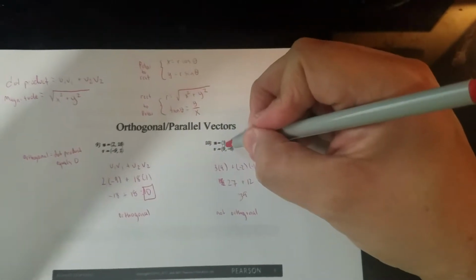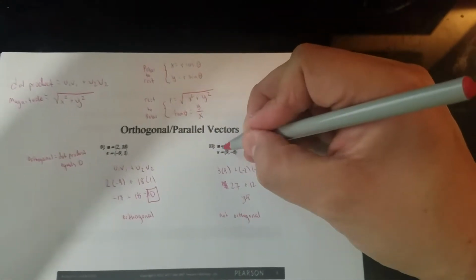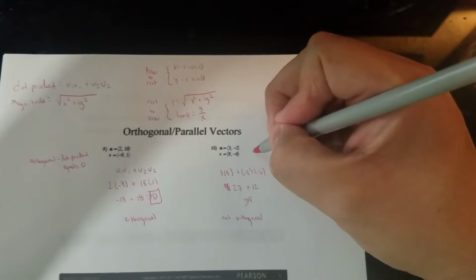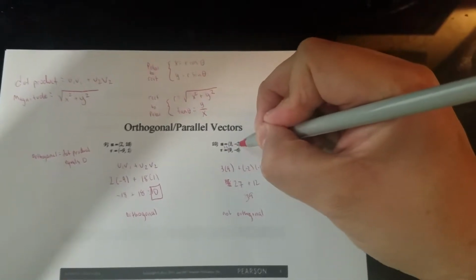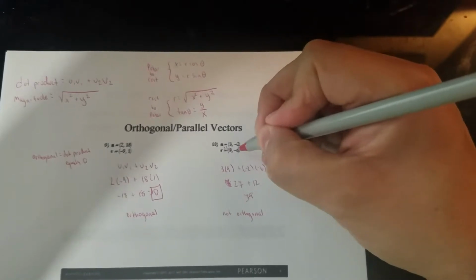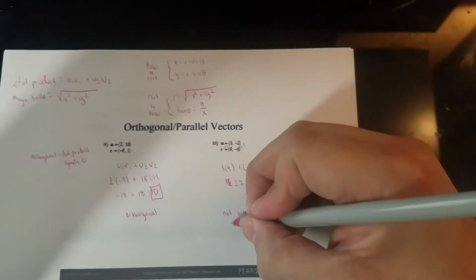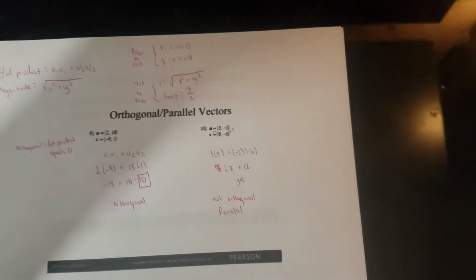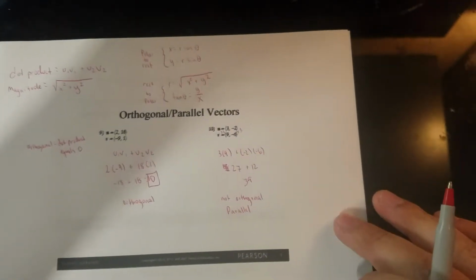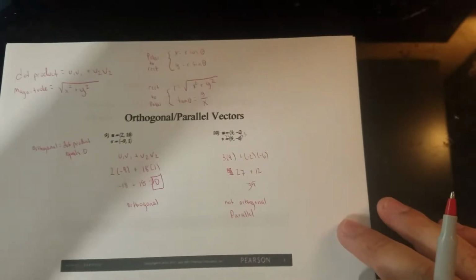However, if I multiply 3 by 3, it is equal to 9. And if I multiply negative 2 by 3 also, it equals negative 6. So they may not be orthogonal, but these are parallel. Okay, so that's that for that one.